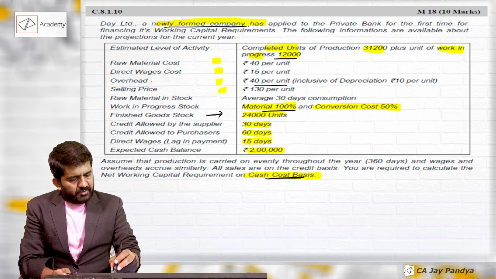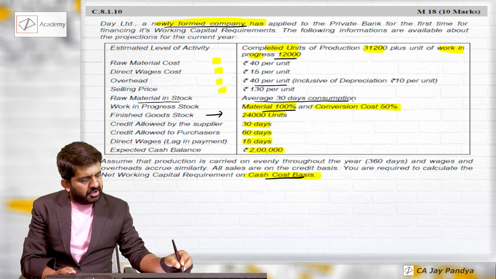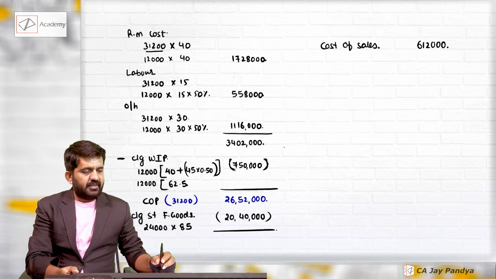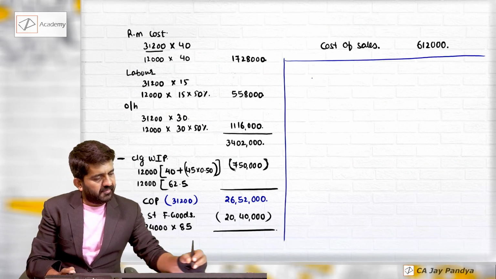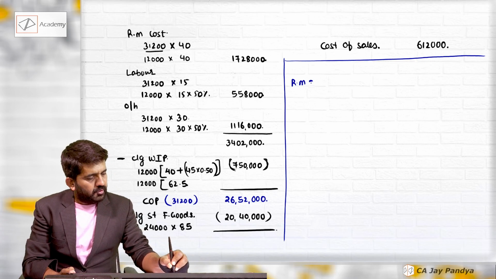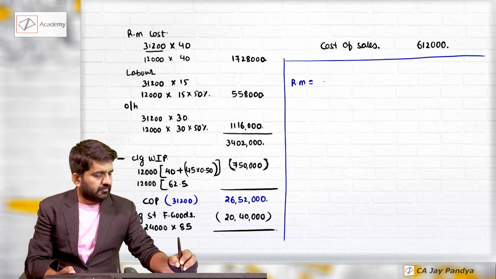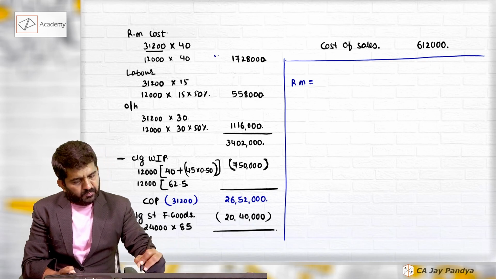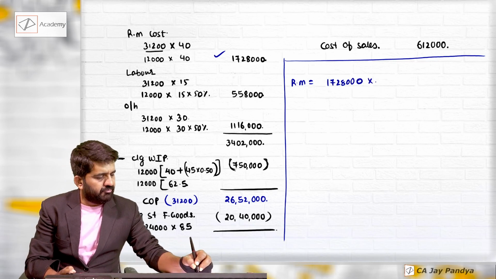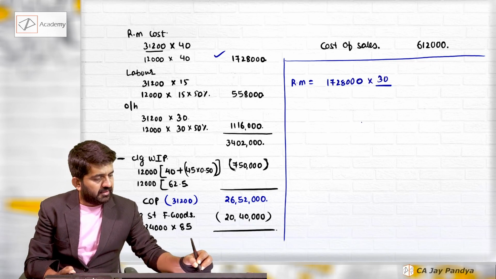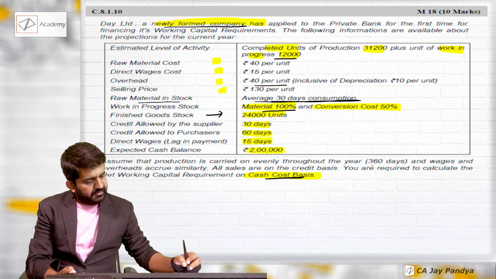All right. I will be going to raw material in stock, average 30 days consumption. Let me start with raw material. Raw material consumed is 17 lakh 28,000 into 30 days divided by 360.